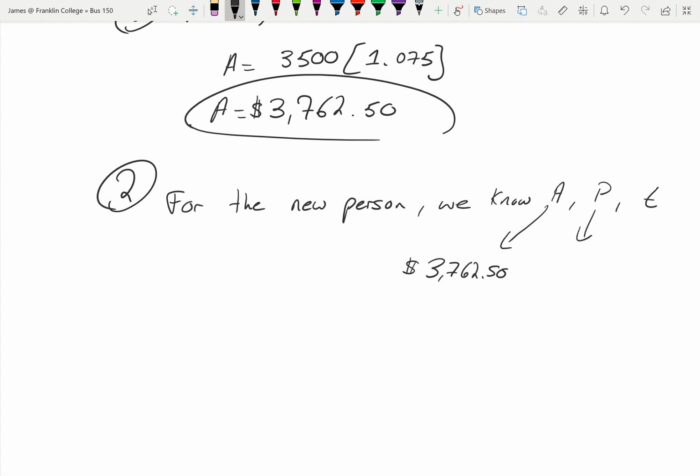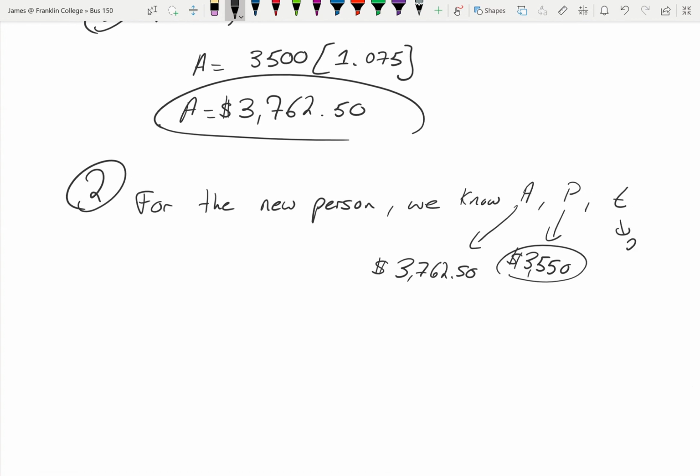The P, well, what the person paid for this one was the $3,550. This is what the new person paid. And then the time period is going to be 270 minus 60, all divided by 360, or 0.583 repeating. So that will be the time period for the new person.